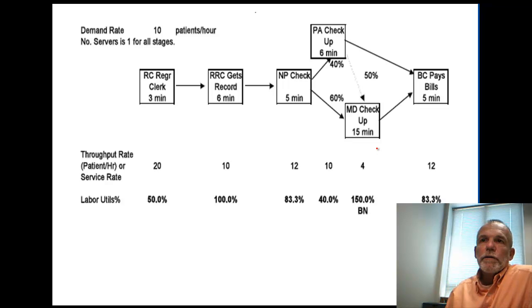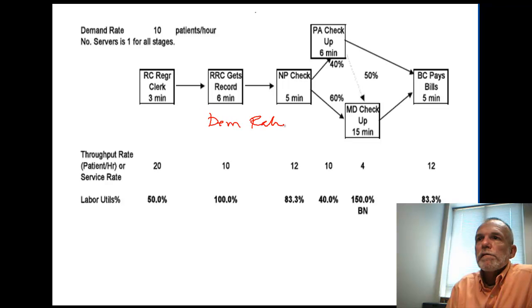Now the next step in the problem is to look at the utilization for each step. If we go back and think about our utilization formula, utilization is the demand rate divided by the service rate times the number of servers. In this case we're saying one server.